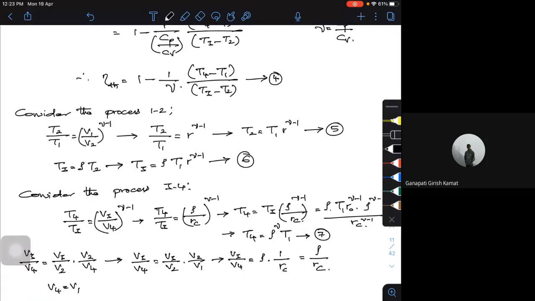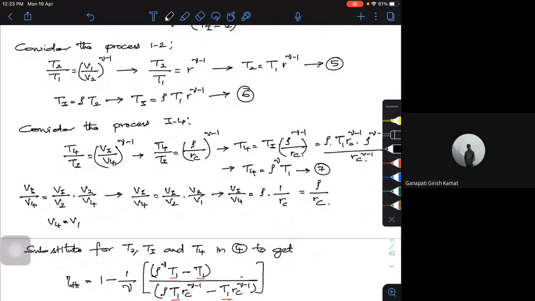T2 is equal to T1 into RC to the power of gamma minus 1, and T3 is equal to rho T1 RC to the power of gamma minus 1, and T4 is equal to rho to the power of gamma into T1. I will substitute for T2, T3 and T4 from the already obtained expressions. I am not going to derive it again. I am going to use this.